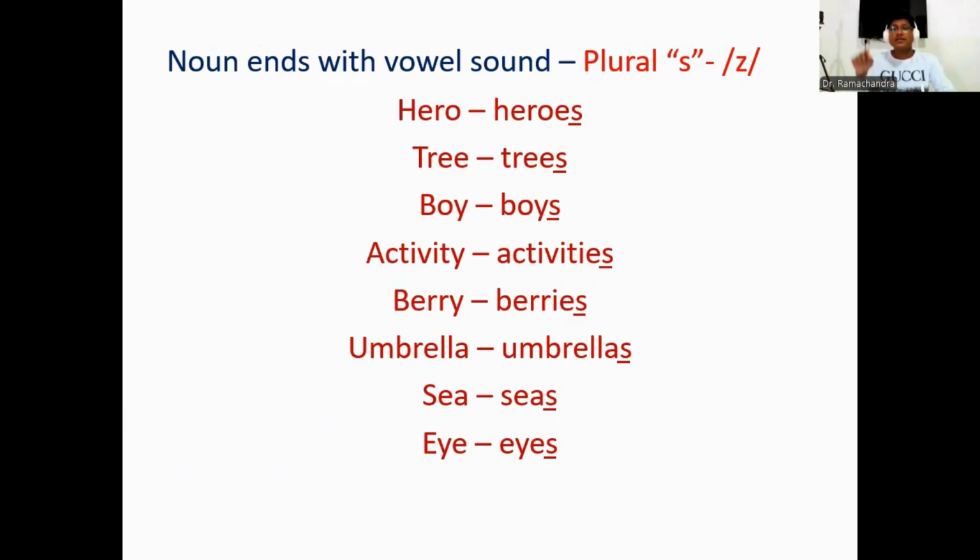Activity ends with an ee sound. Activities. Berry, berries. Umbrella, umbrellas. Sea, seas. Eye, eyes. If you say ice, that is eating ice. It's not ice. Say eyes, with z.